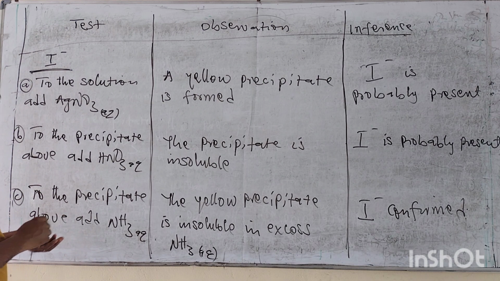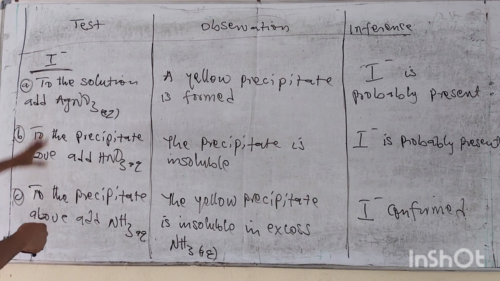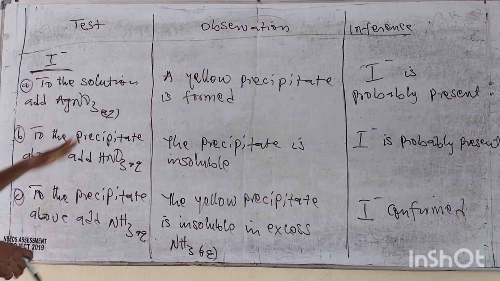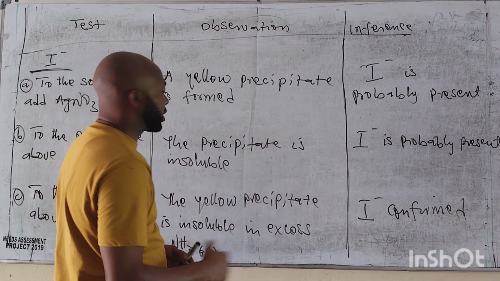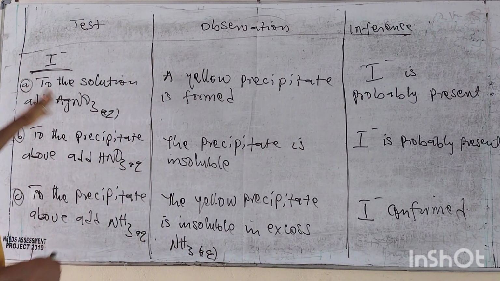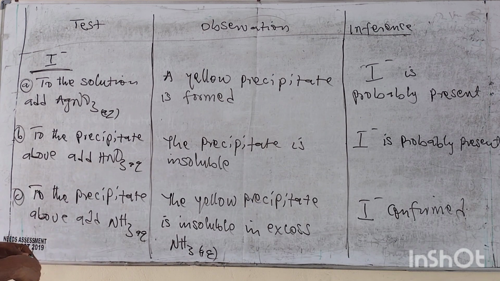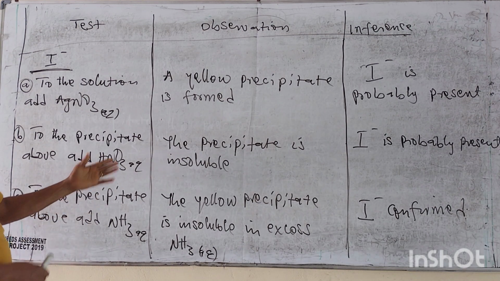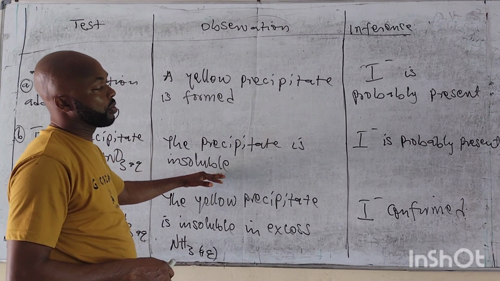Alright, for the iodide ion, we say to the solution, we add silver nitrate. A yellow precipitate is formed. Iodine is probably present. To the precipitate above, we add aqueous nitric acid. The precipitate is insoluble.